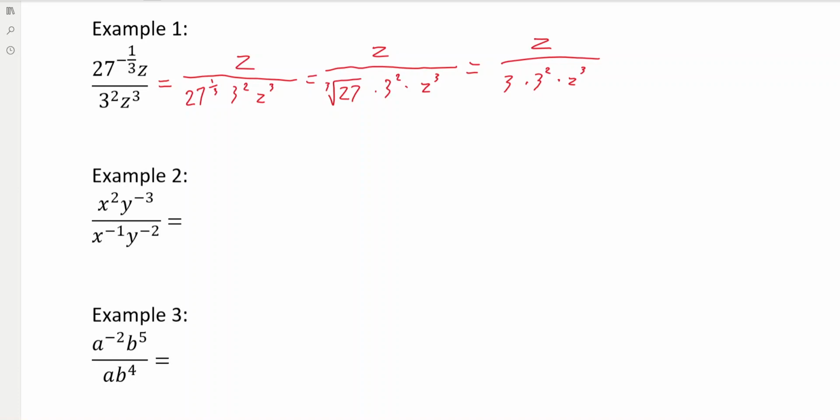Now we can put all of the different things that are the same base together. So the z's can add and subtract the exponents, and the base 3's can add and subtract the exponents. Since this is multiplying with the 3's, we're going to add a 1 plus a 2, so it'll be 3 to the 3.